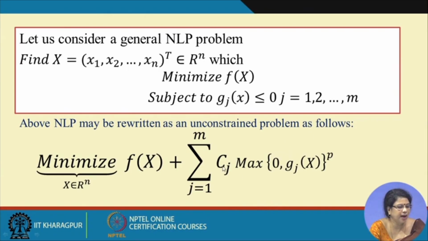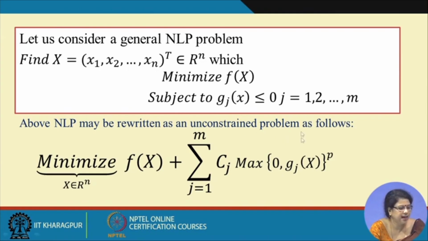Now, this c_j has certain properties you have seen for the exterior penalty function method, that is, c_j is approaching infinity, whereas the penalty function, that is p(x), is approaching 0 if we are moving towards the boundary of the feasible space.